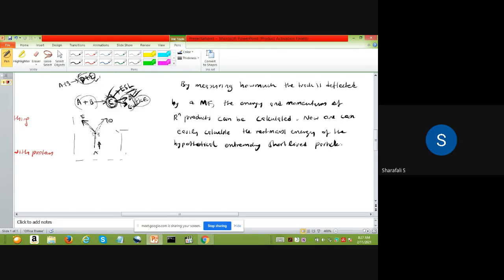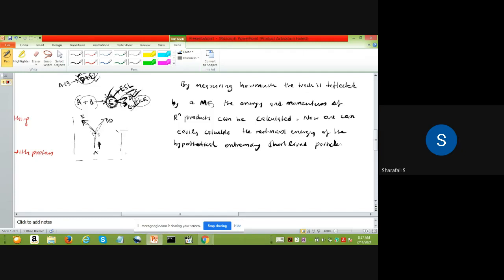Sometimes the energy of D is smaller and the energy of E is larger. So that can be possible. That kinetic energy can be taken by D or E in this particular interaction, and it can vary each time if A plus B is going to become D plus E.